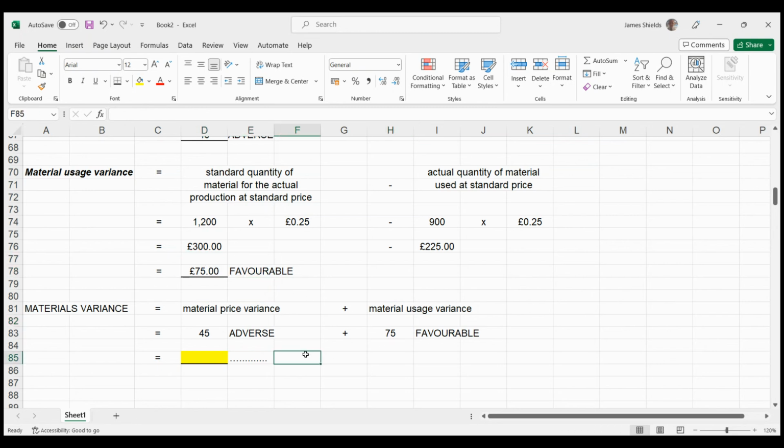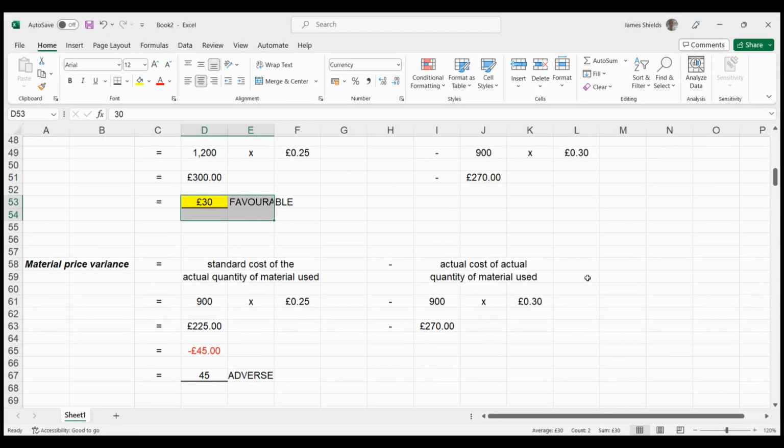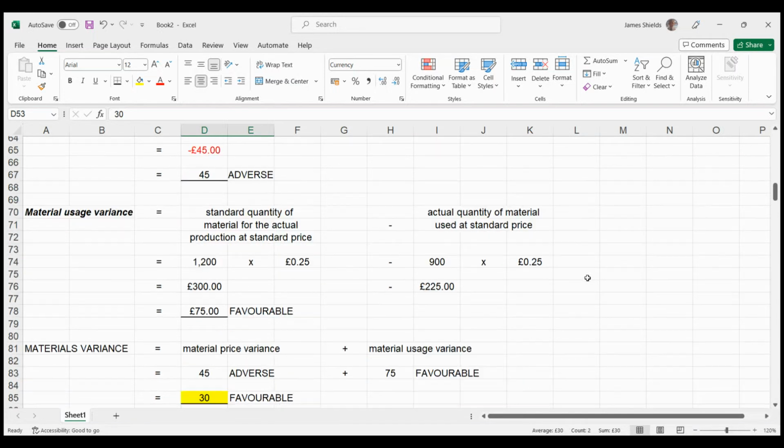When we combine them together, we've got £45 adverse, then add on £75 favourable, and we end up with a net amount of £30 favourable. So now we go back to our original calculation at the beginning. We're looking for a £30 favourable, and that is what we actually have, £30 favourable. So that's how to do your materials variance, material price variance, and material usage variance.